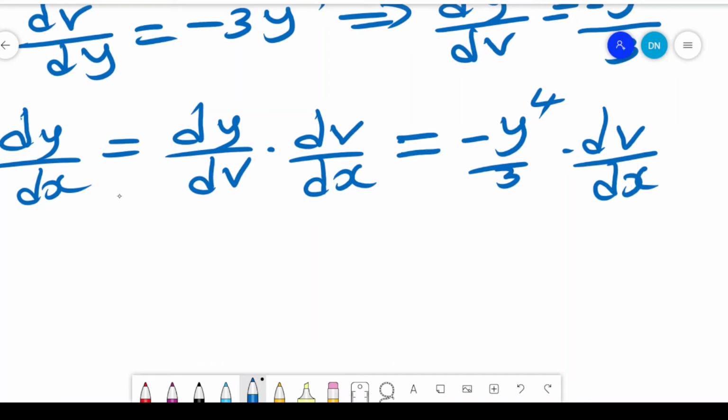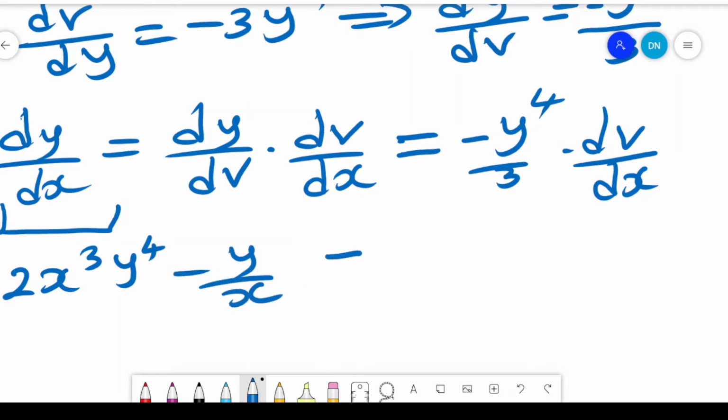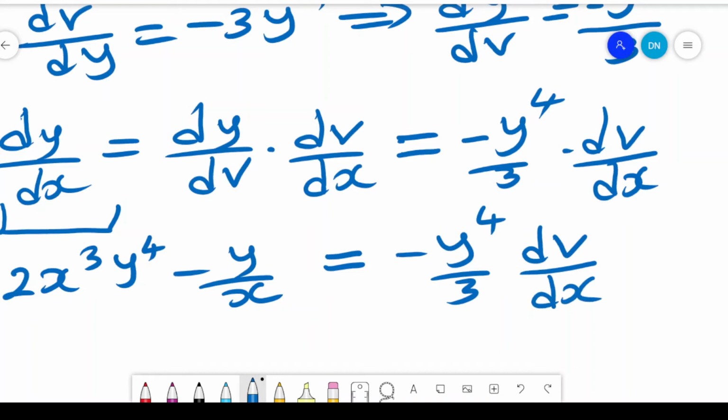Note that dy/dx is given by this part, 2x^3 y^4 - y/x. This, the original problem you are given, should be equal to -y^4/3 times dv/dx.